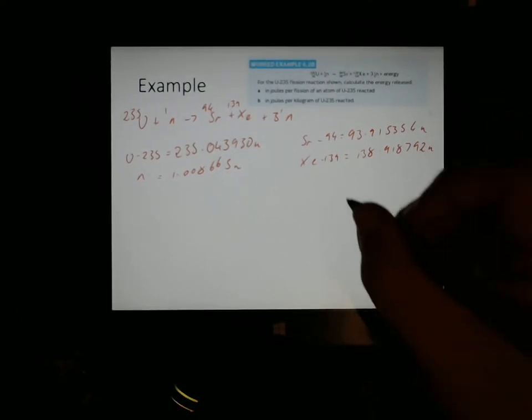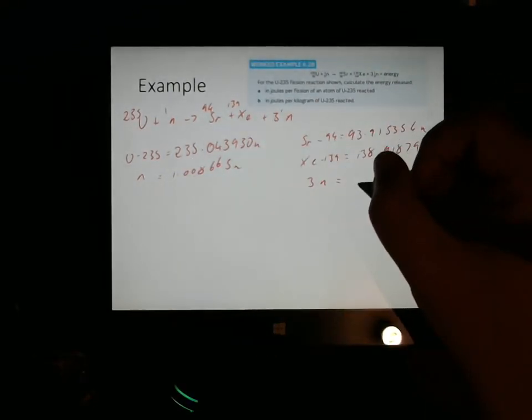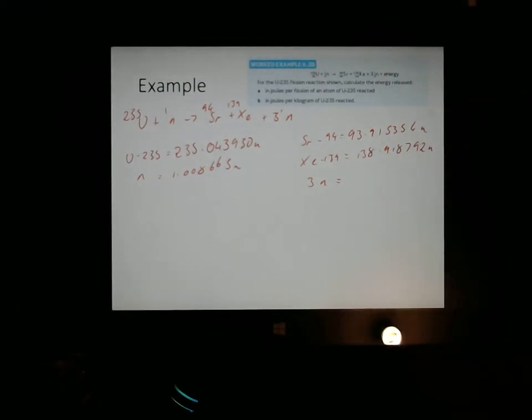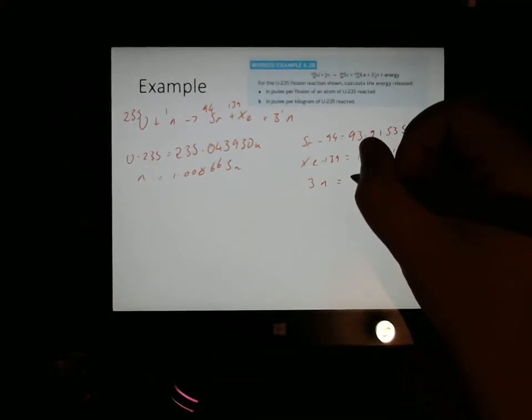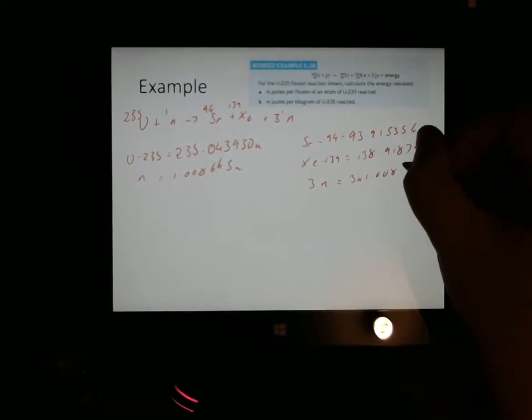And finally 3 neutrons is just going to be 3 times that. If you've got 3 neutrons coming off, they are all separate, so you don't have to go, oh well, is it some weird combined thing and I've got to know the binding energy for having 3 neutrons together. Now we just take the mass of 1 neutron multiplied by 3. So 3 times 1.008665.